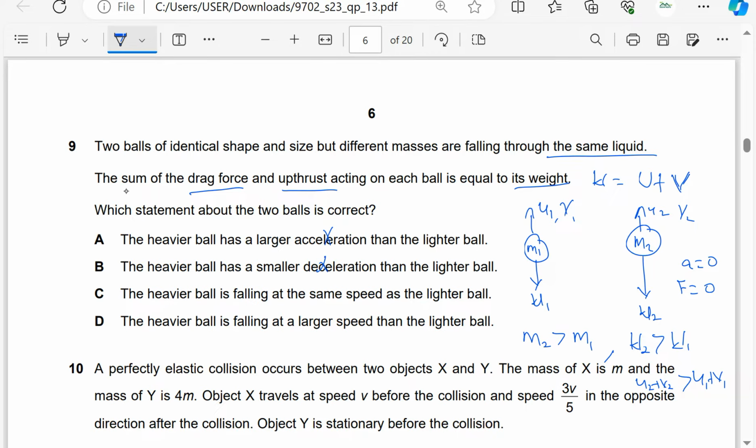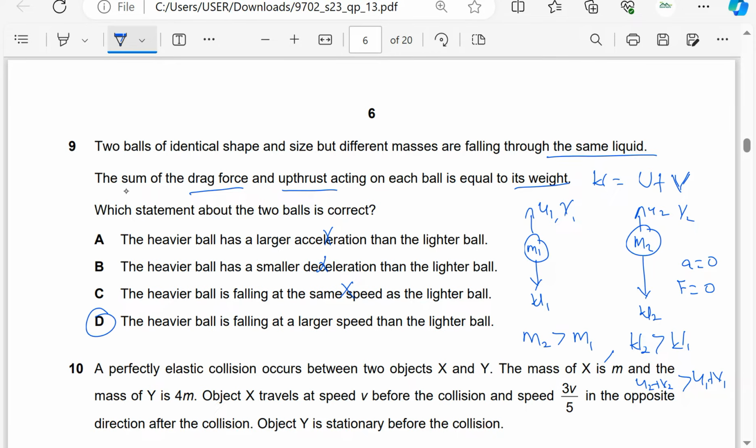The heavier ball is falling at the same speed as the lighter ball. They are falling at a constant speed, but the speed may not be the same, so that is not true. The heavier ball is falling at a larger speed than the lighter ball. This is going to be true because the terminal velocity of the heavier ball is going to be higher than the terminal velocity of the lighter ball.